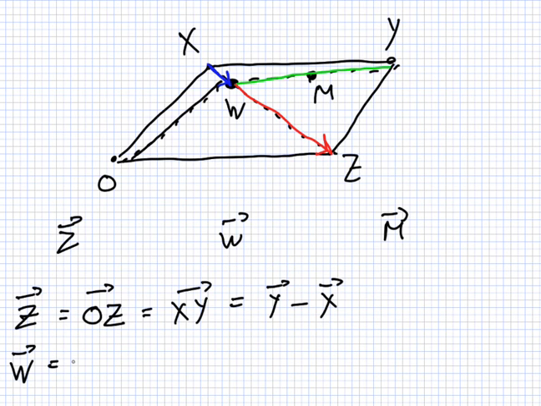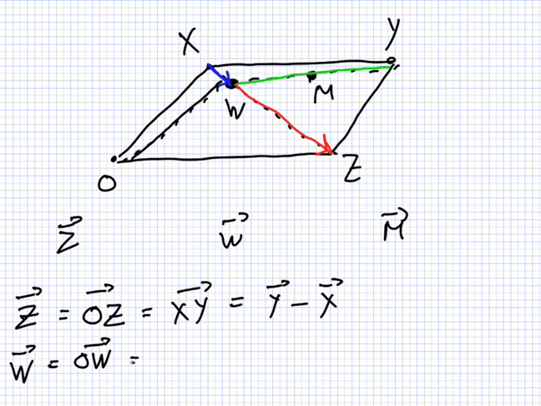Alright, and W next. So, W is OW. Now this one gets a little bit trickier because we really have to think about what way we can go with OW. Yeah, we can go with OX plus XW. That'd be one way to go about it. I don't think there's any one way which is really, really quick.